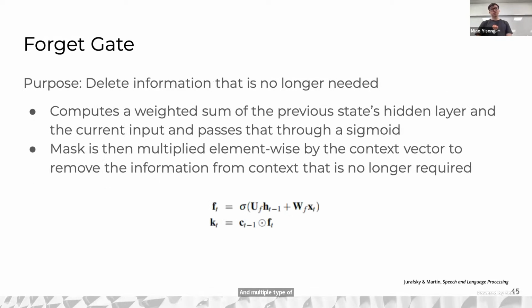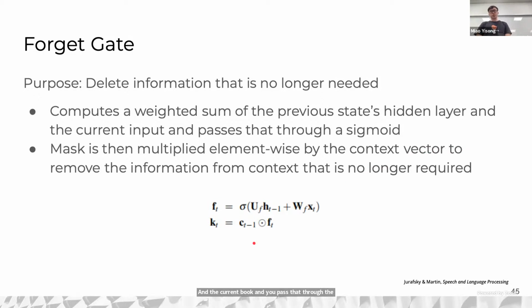So I'll go through them. Firstly, the forget gate is to delete information that is no longer needed. In human memory, people forget things so as not to clog up memory, and to make relevant information more easily accessible. In LSTM, how this works is that you compute a hidden weighted sum of the previous hidden layer state and the current input, and you pass that through the sigmoid function, which is the sigma.